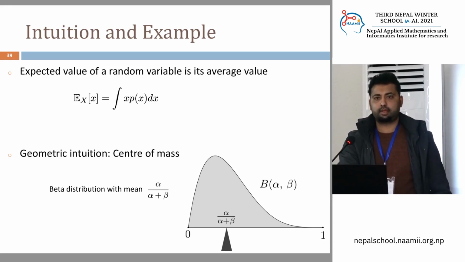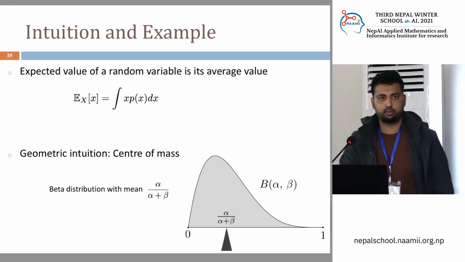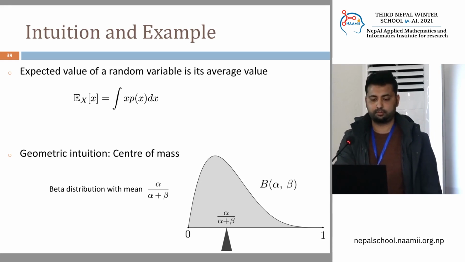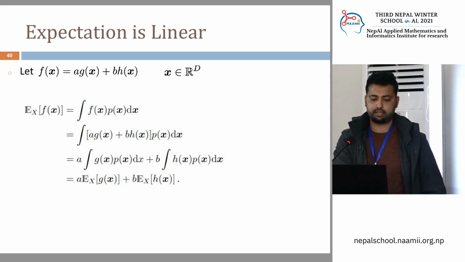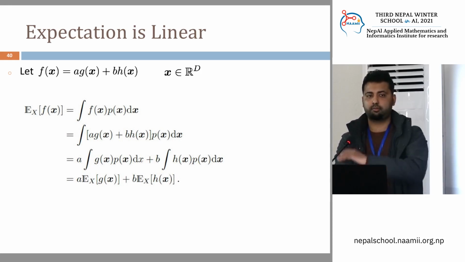Geometrically, I don't know if you are familiar with this type of idea, but it's like a seesaw with a fulcrum here, and you put the probability density as a mass on this bar.